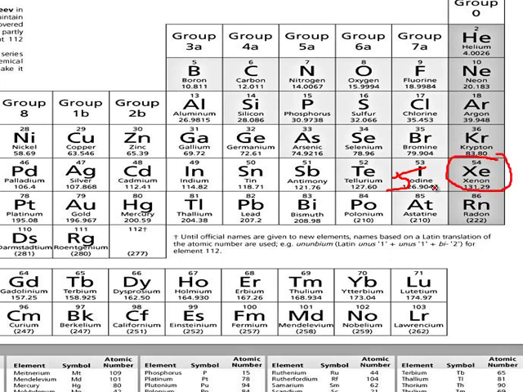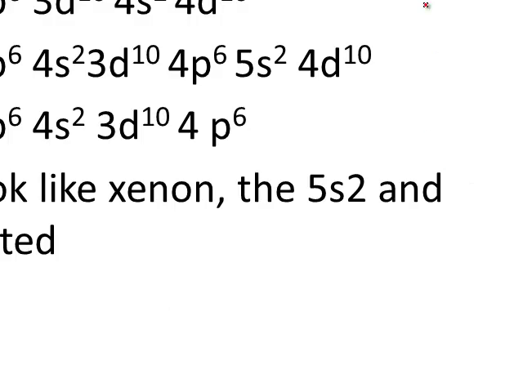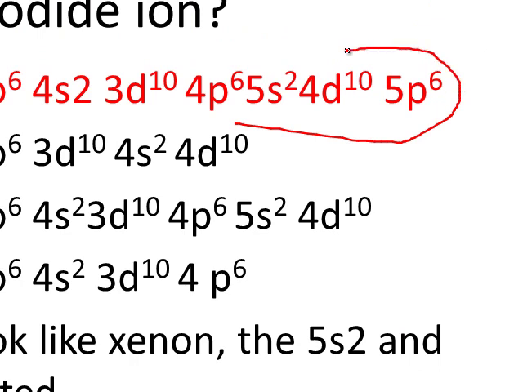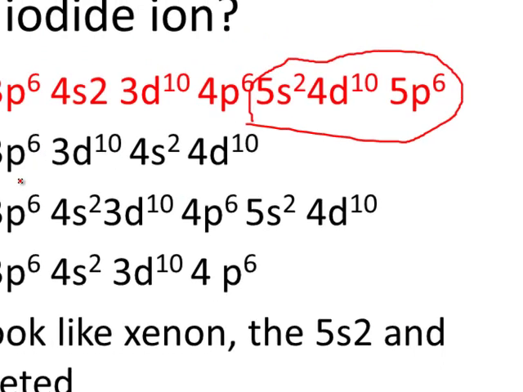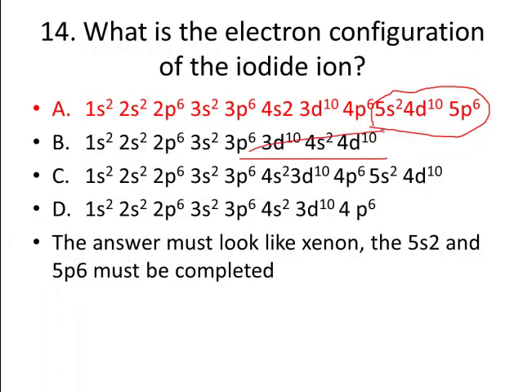It's going to make sure that its 5s2 and 5p6 are all complete. So the correct answer, with the 5s2 and 5p6 complete, is A. B doesn't have anything in the 5s, C doesn't have a complete 5, and D doesn't have anything in the 5s as well. So the answer has to look like xenon, which is 5s2, 5p6, complete.